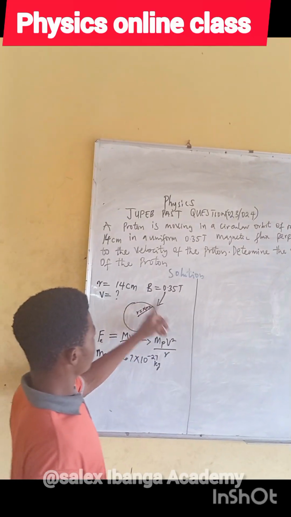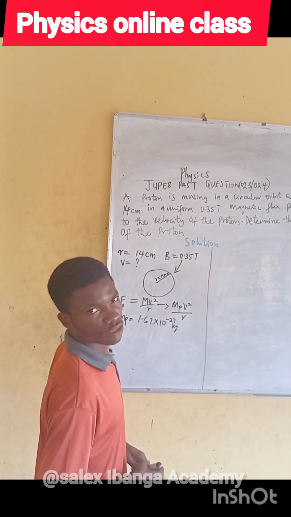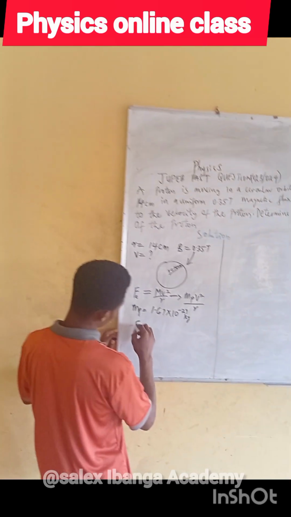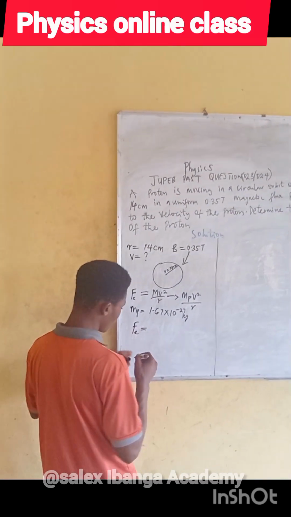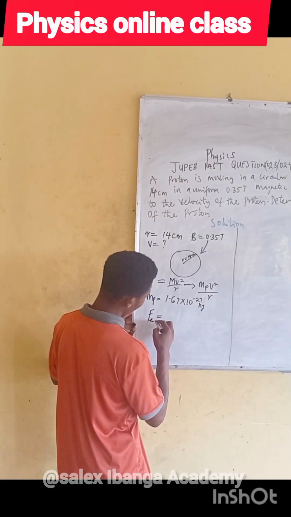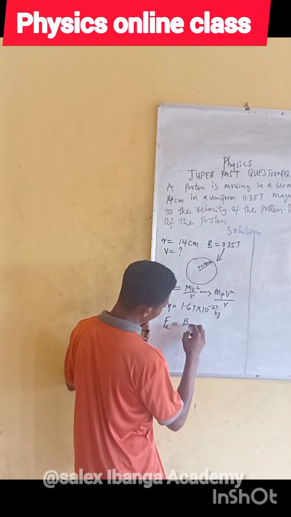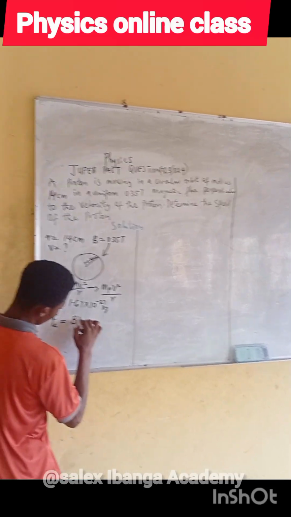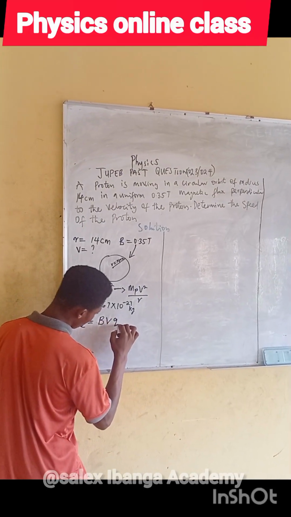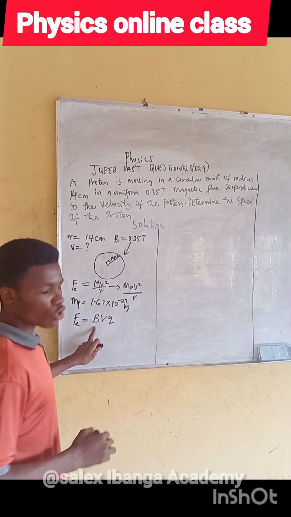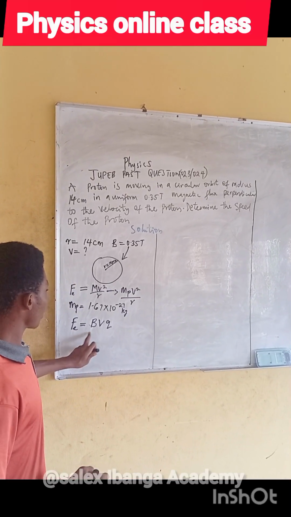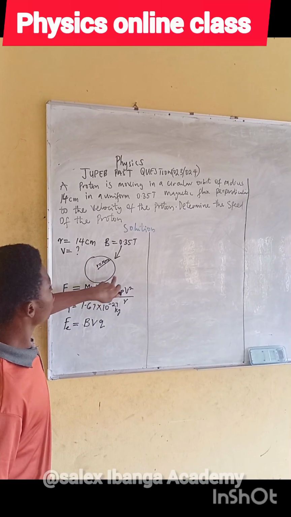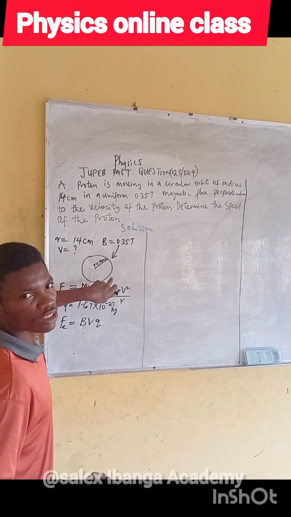So how do you get this? Looking at this, this is not here, so it is what I need to recall. If you can recall, the force on the charge equals magnetic flux density times velocity times our charge Q. This is the force at which the charge is revolving in the orbit.